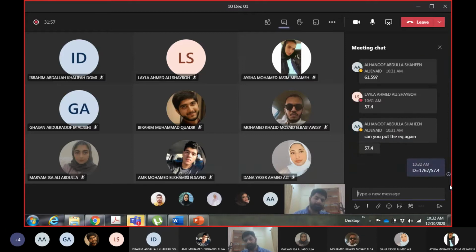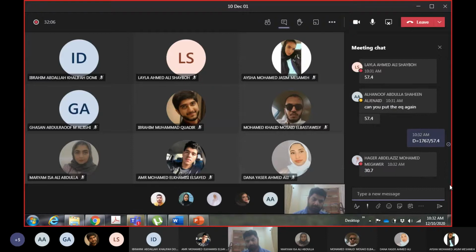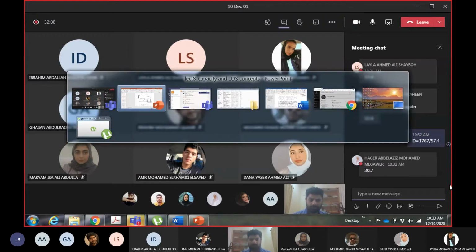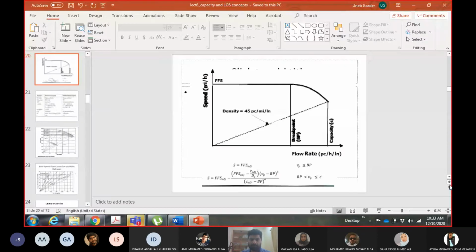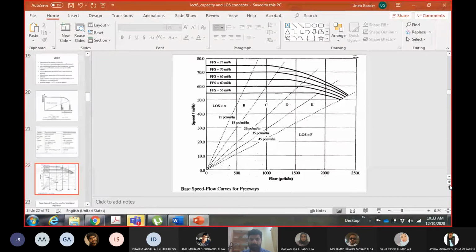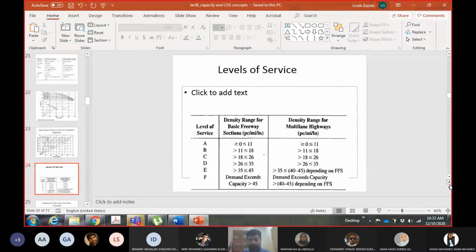Give me the density. 30.7 is still level of service D. See, we are here. 30.7 is level of service D still.